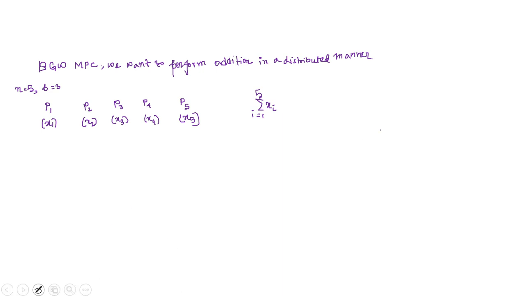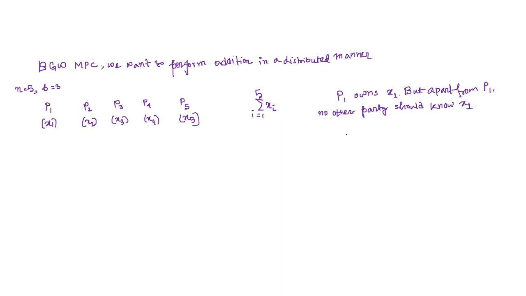So, for example, P1 owns the input x1, but apart from P1, no other party should know x1. Now we ensure this by talking about x1 only. We can extend it to each of the xi's.